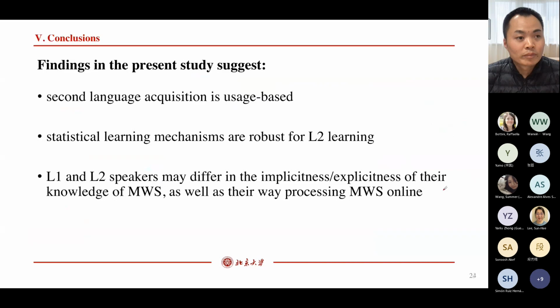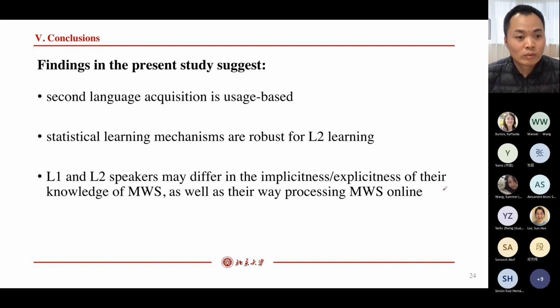So to sum up, findings in this study suggest second language acquisition is indeed usage-based. Remember what I tried to talk about in the beginning of this talk. I'm trying to set the whole story in a debate of UG, universal grammar, versus UB, the usage-based approach.